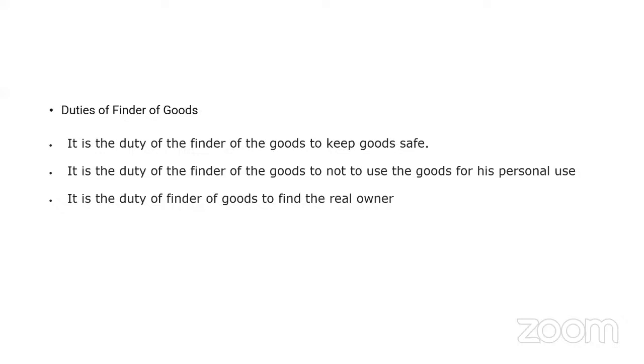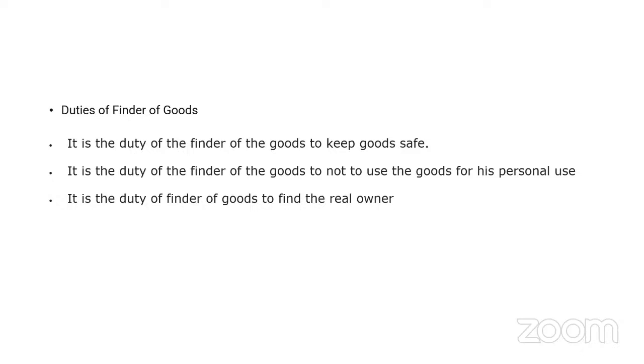What are the responsibilities of a finder of lost goods? First, we will look at that. So, if I found a bag that belongs to somebody else, my first responsibility is to make sure that I keep it safe. My second responsibility is to make sure that I do not use it for my own personal purpose. And my third responsibility is to find out the real owner.